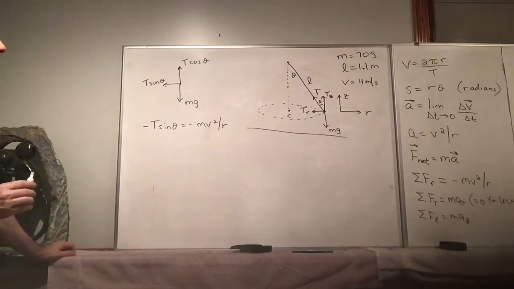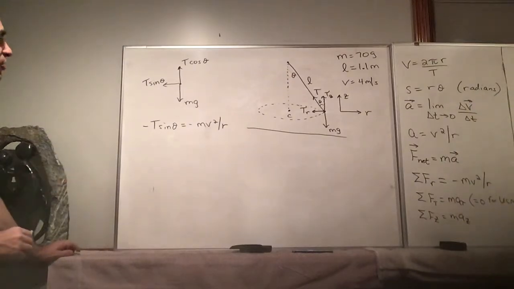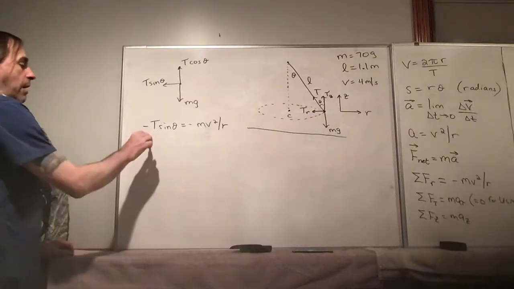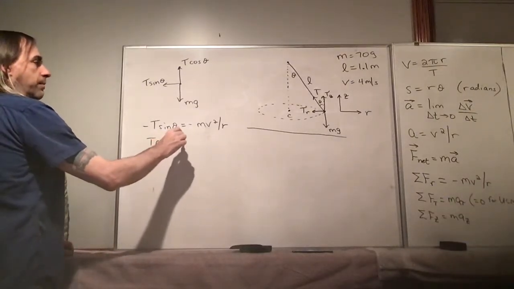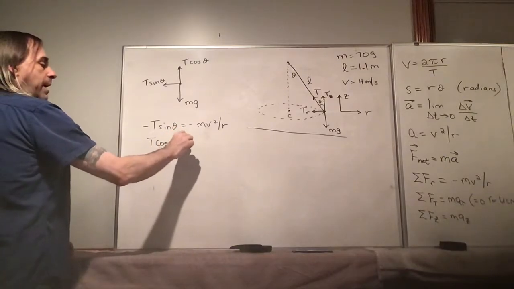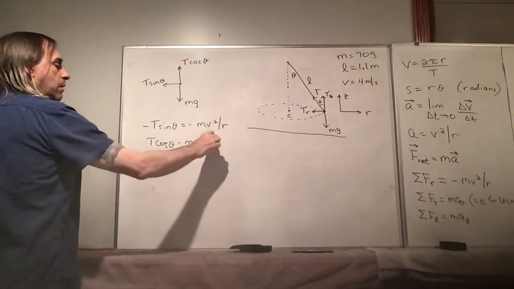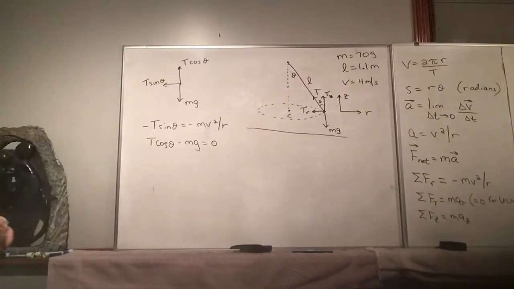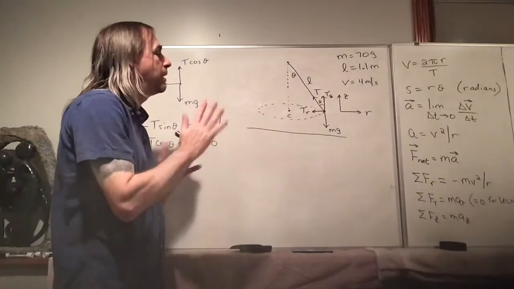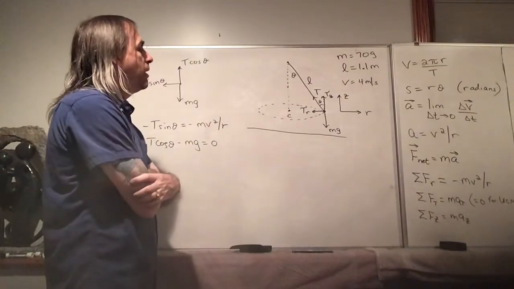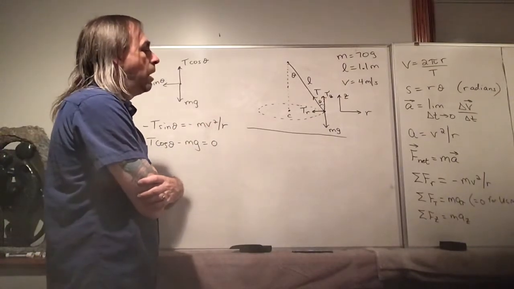I think I might have to change this problem a little bit, but let's continue. If we look at the z direction, we have T cosine of theta minus mg equals 0. And I think I might have made this problem a little more complicated than I intended it to be, because we have to find r.